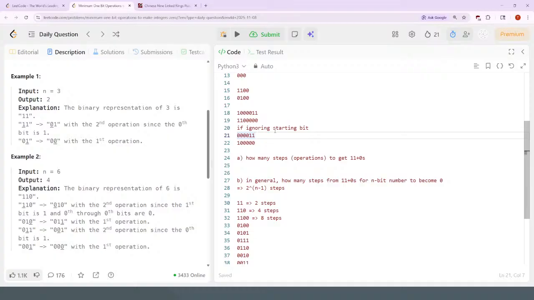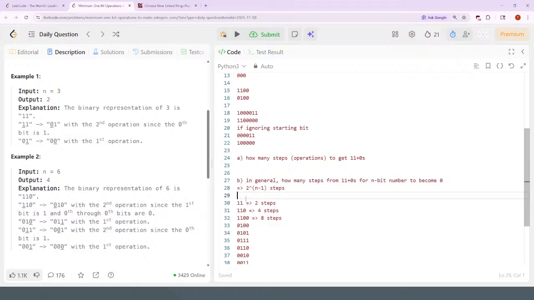How to go backwards. How many steps to get from 1 1 and zeros? So it takes 2 steps to make this become 0.